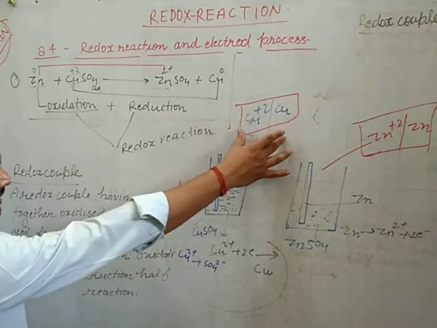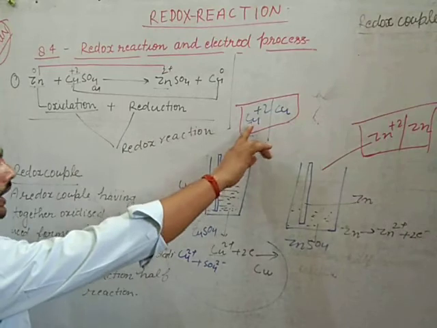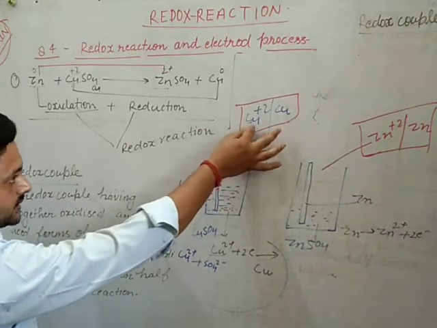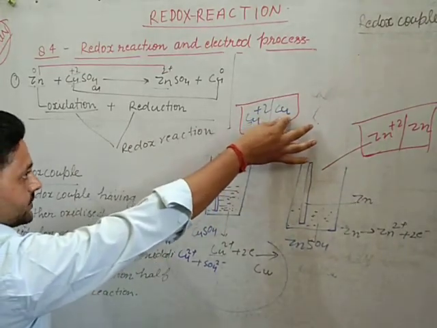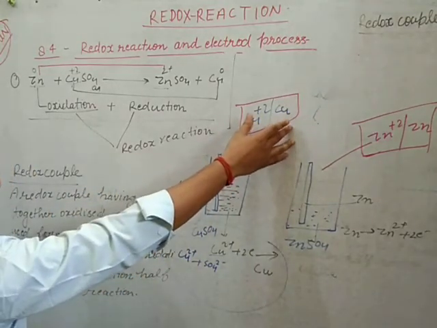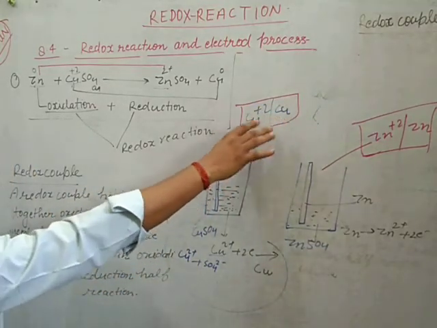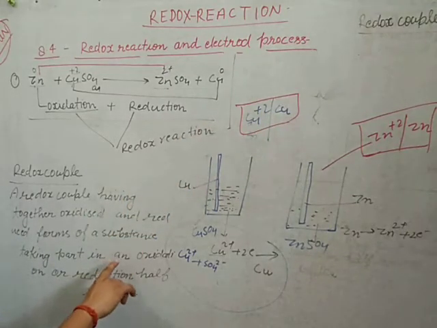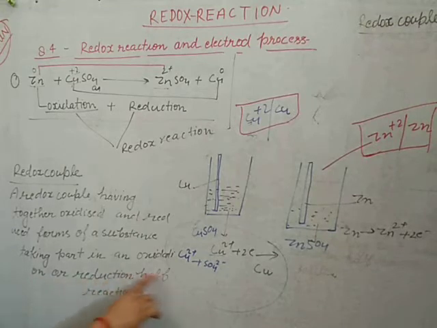On that basis I am defining the redox couple, having together the oxidized and reduced forms of a substance taking part in an oxidation or reduction reaction. So on this basis we can define the redox couple.